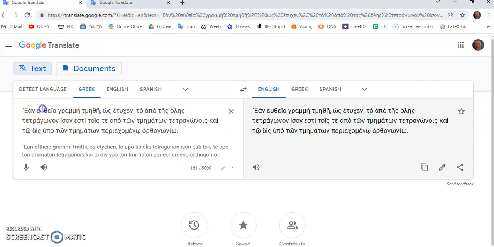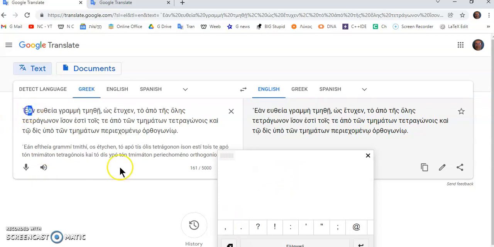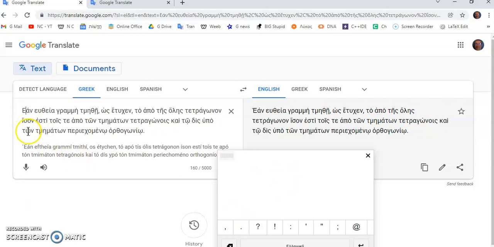So for example, you'll replace that one simply with an epsilon, and then you'll put an accent. The only accent allowed in modern Greek is the one that leans towards that side, and of course, the one that you want there is this one, and the first one is this one.